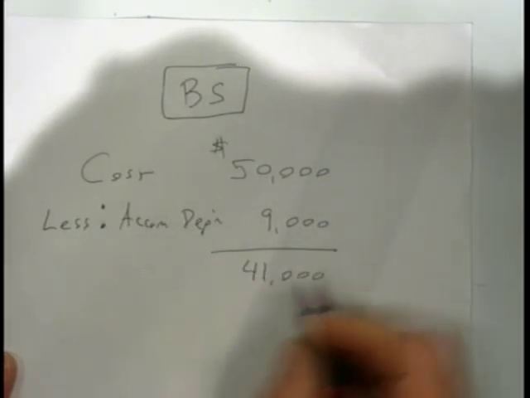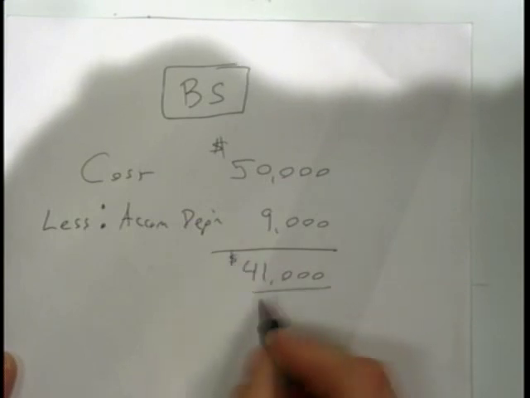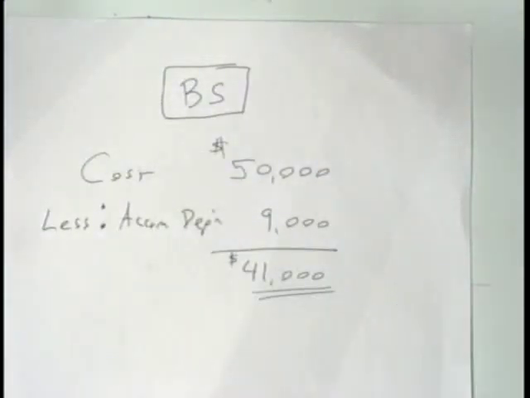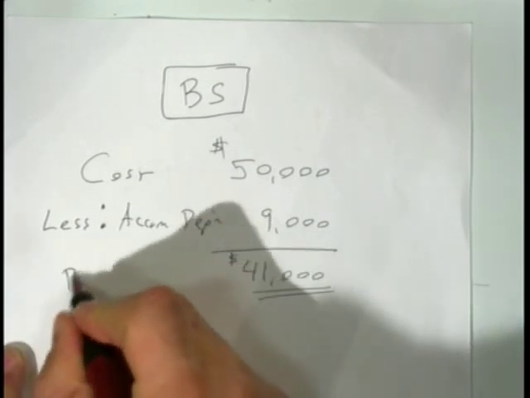What do we call that $41,000? Do you remember? Does anybody remember what we call that $41,000? It's very important, and I want you to remember what that's called because we're going to be using it a lot in chapter 10. Does anybody remember what cost less accumulated depreciation is? That's the book value of the asset.